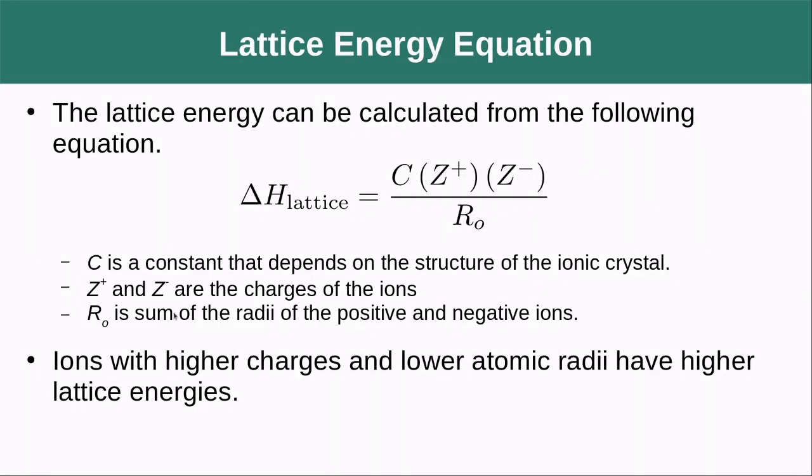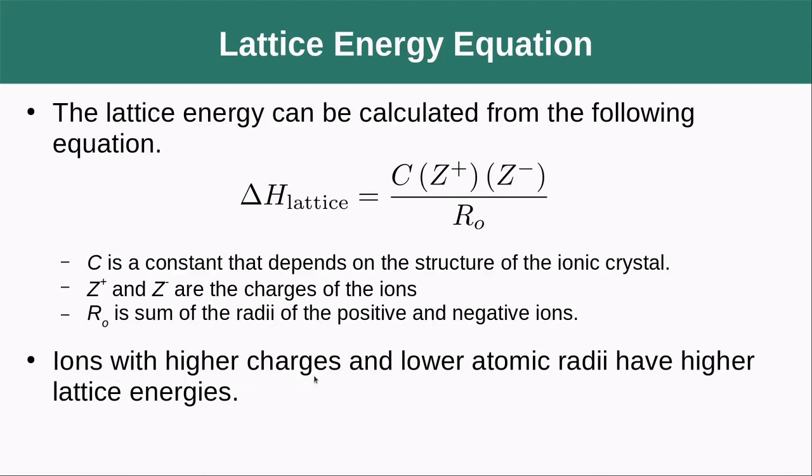So we have an equation for calculating the lattice enthalpy. However, it's really pretty hard to make this calculation for any given lattice. Determining what this C constant is for your specific lattice is pretty tricky. But just by looking at the form of this, we can make some generalizations.